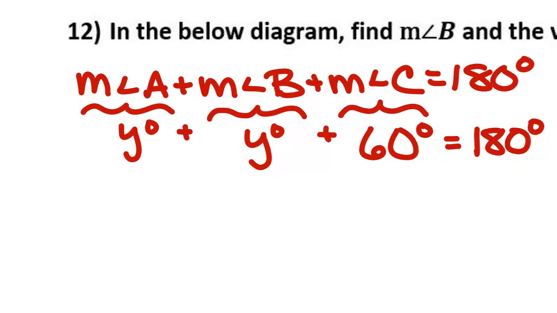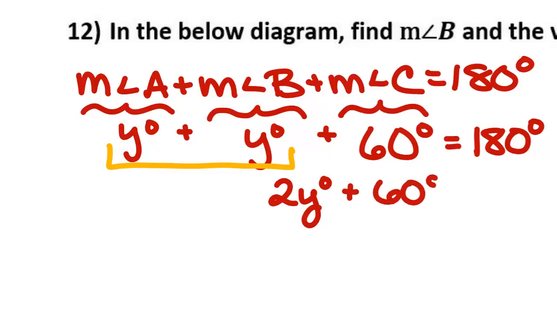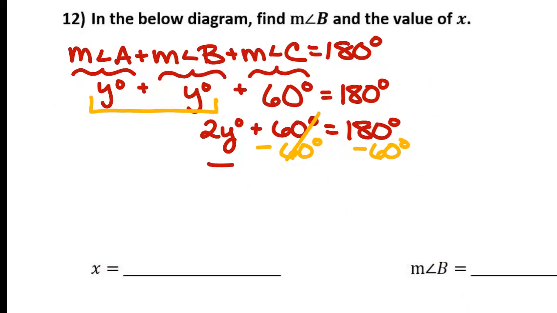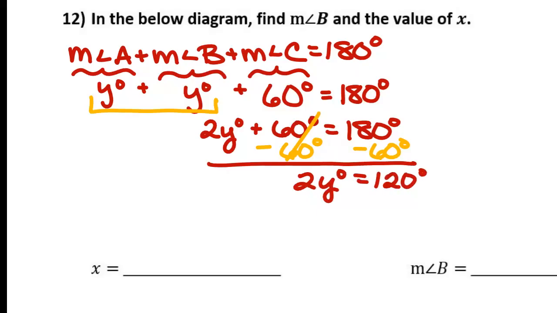All right, so I'm going to combine my like terms together. We're going to combine Y and Y. That would give me 2Y plus 60 equals 180. I'm going to minus 60 from both sides. I get 2y equals 120.